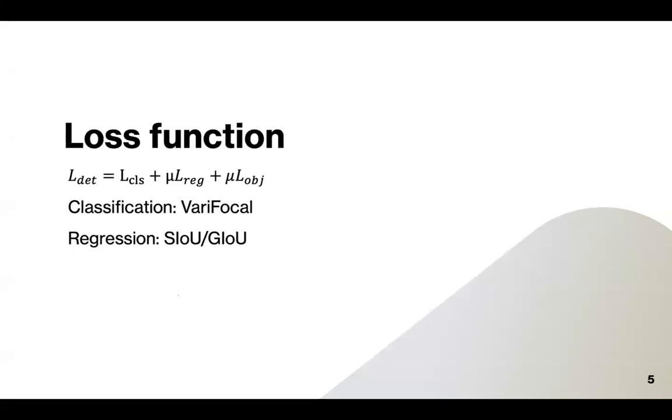By considering positive and negative samples at different degrees of importance, it balances learning signals from both samples. SIoU and GIoU are the IoU series loss functions, which regress the four bounds of a predicted box as a whole unit.